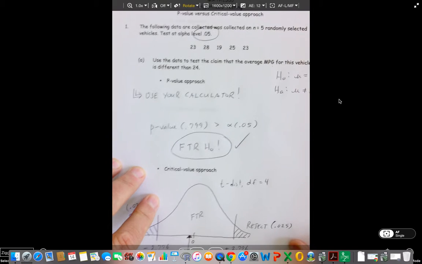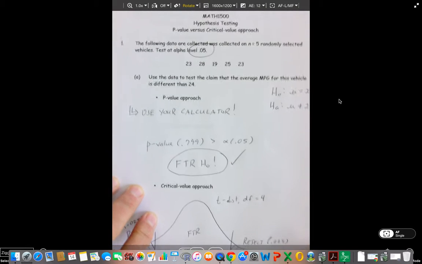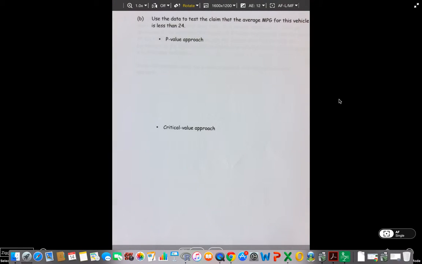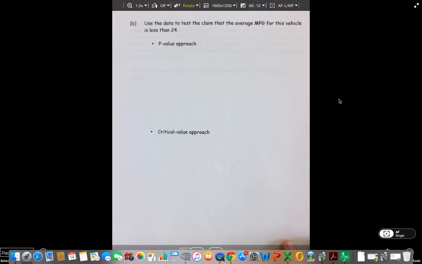So that's the reason that we teach both. Now, your critical value really comes in a lot more when you delve into confidence intervals, but nevertheless, it's something that we teach in statistics.